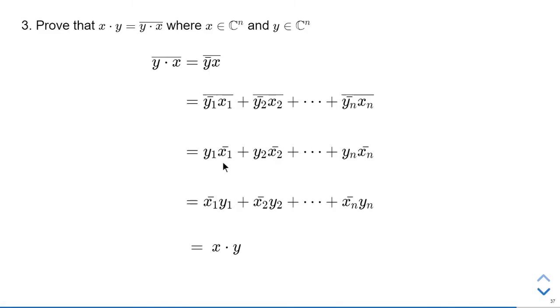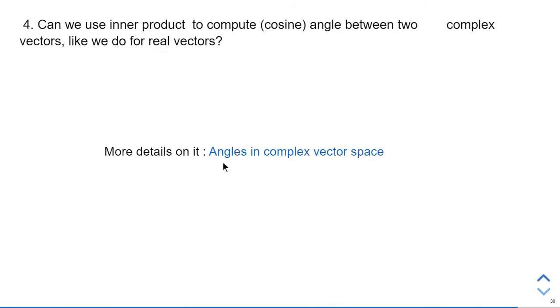So we have just proven that x dot y is equal to y dot x whole conjugate. We considered the right hand side and shown that it is equal to the left hand side. You could do it the other way around as well, but this one is straightforward. So the proof is simple. Let us move on to the next question.